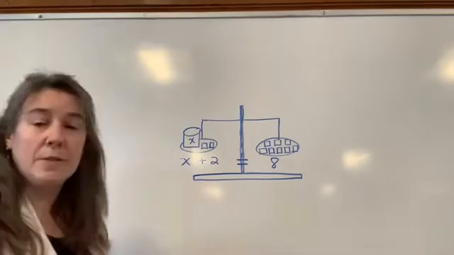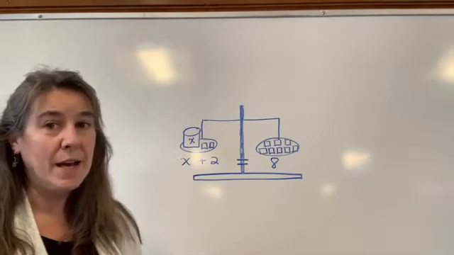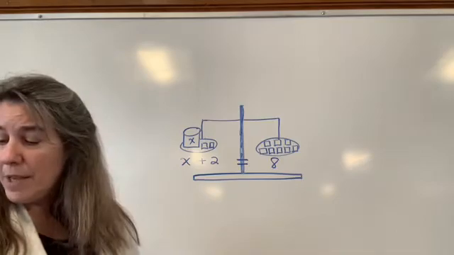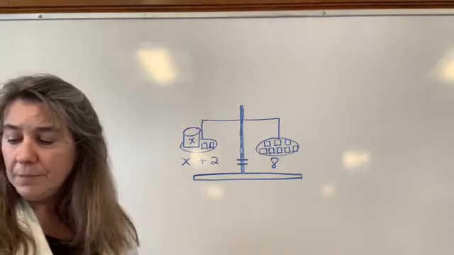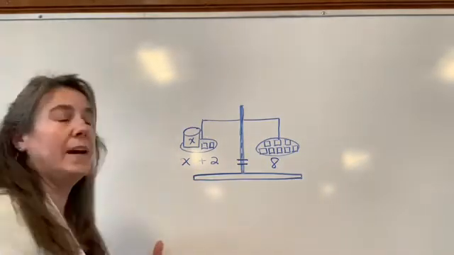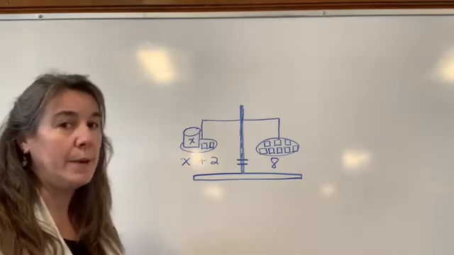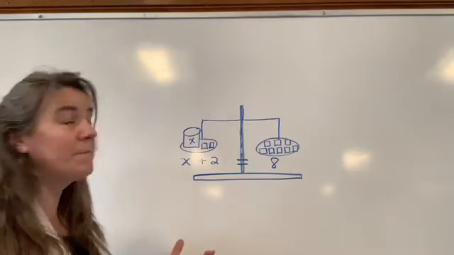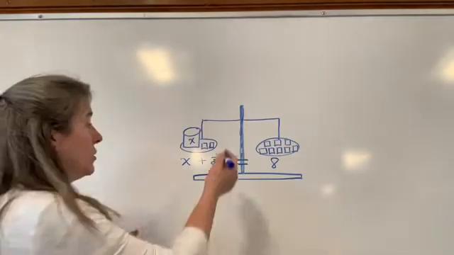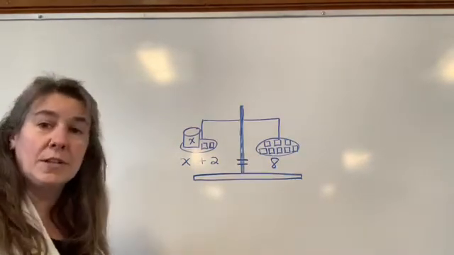Think about, how can I get this container of x all by itself and keep my balance balanced? And the right answer is, I would take 2 away from each side.